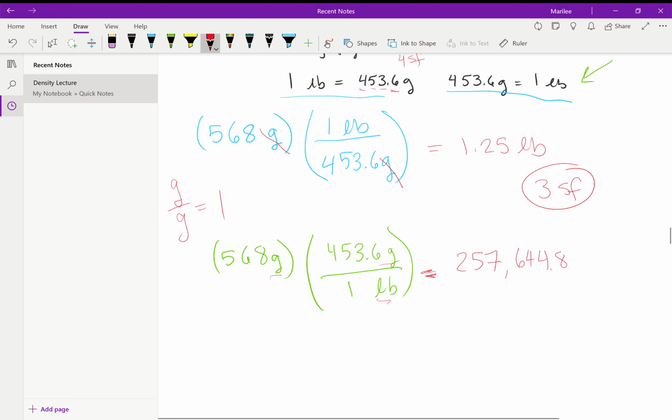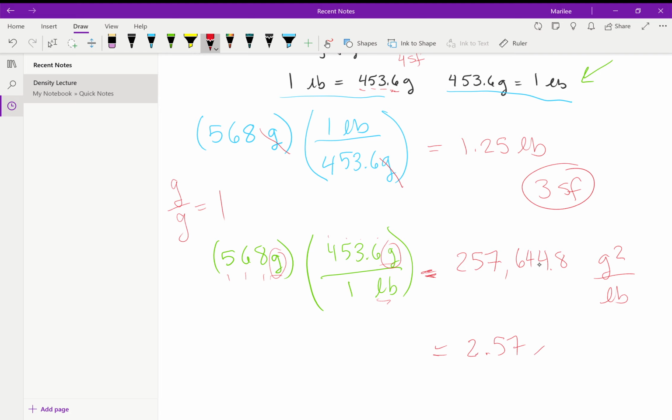Okay, now we have our grams times grams, which is grams squared over pounds. If we write this in the correct significant figure, we have 1, 2, 3 here. We're multiplying, so it's going to be 3 significant figures. That would be written in scientific notation. So it's 2.57.